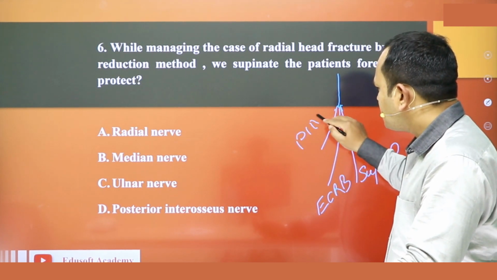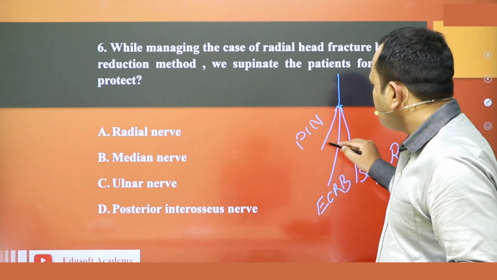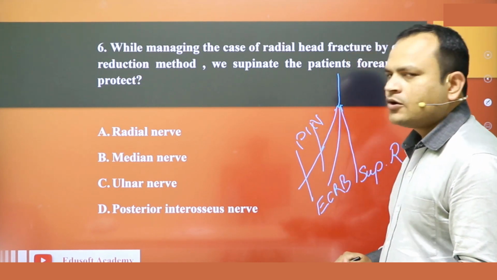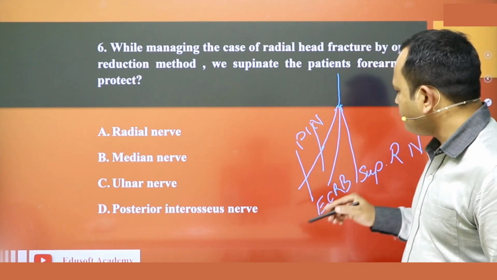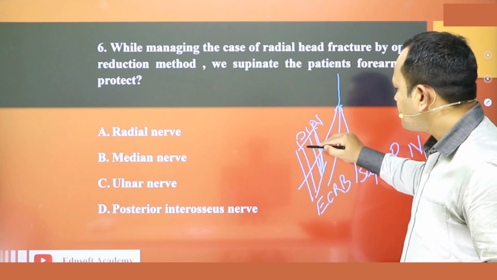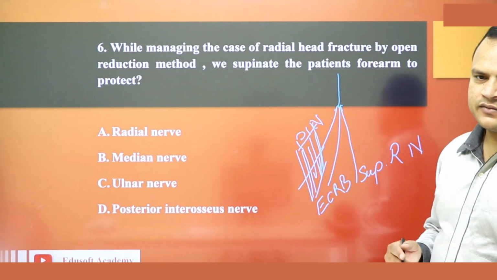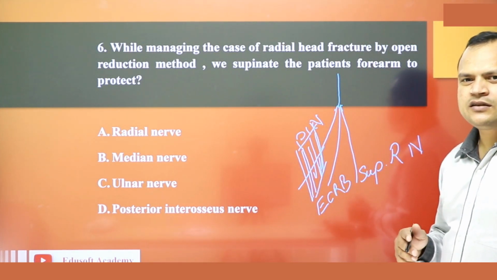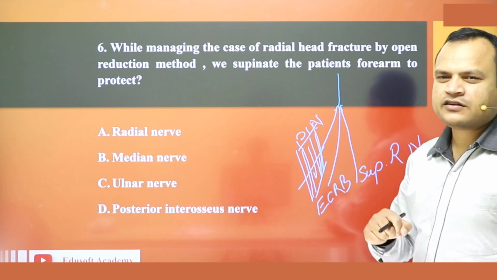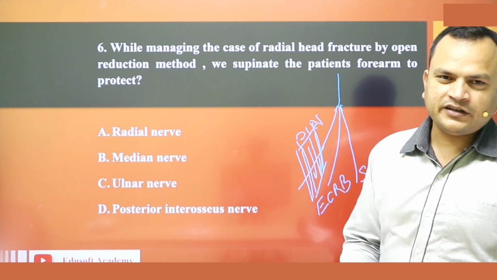This posterior interosseous nerve pierces the supinator muscle. As we supinate, the supinator muscle is relaxed and the posterior interosseous nerve goes posteriorly, away from our surgical field.